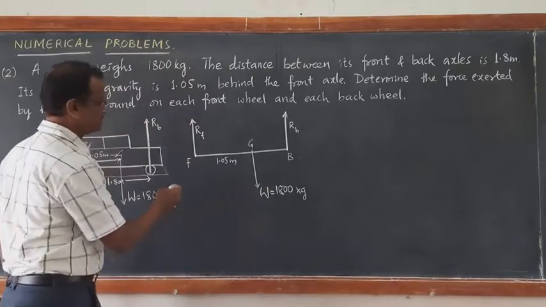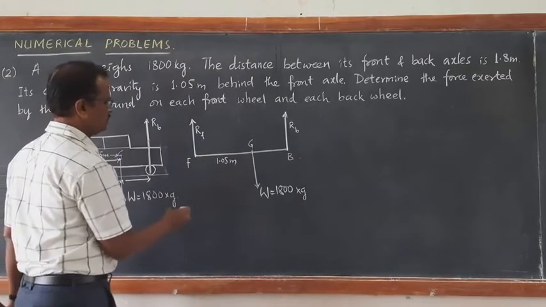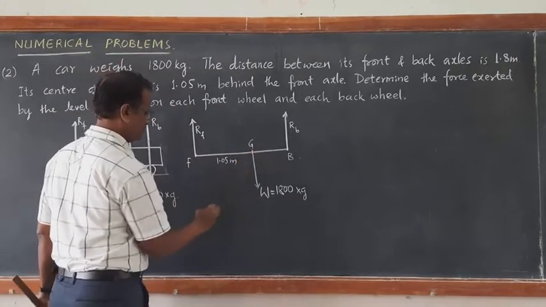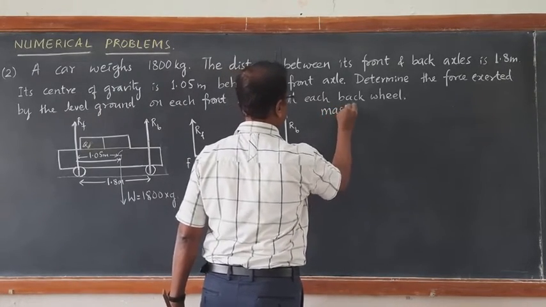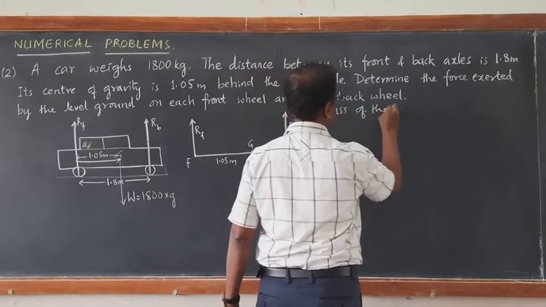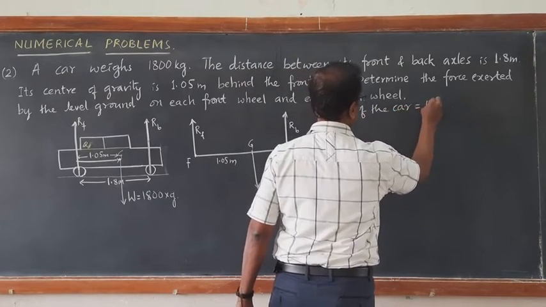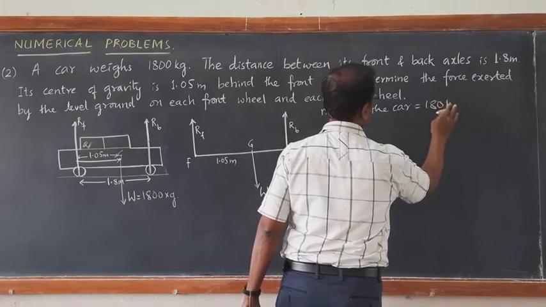So before that, you can just write what are these values. Fg. So first we will write mass of the car, 1800 kg.